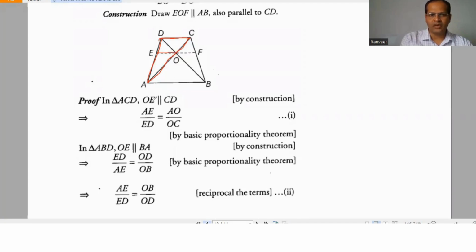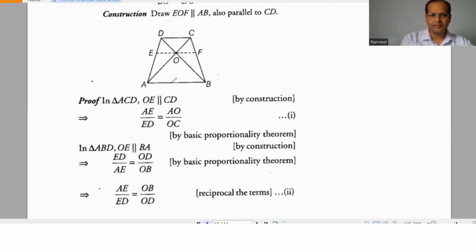So based on that, we can write AE divided by ED equals AO divided by OC. This is the first, by the basic proportionality theorem.